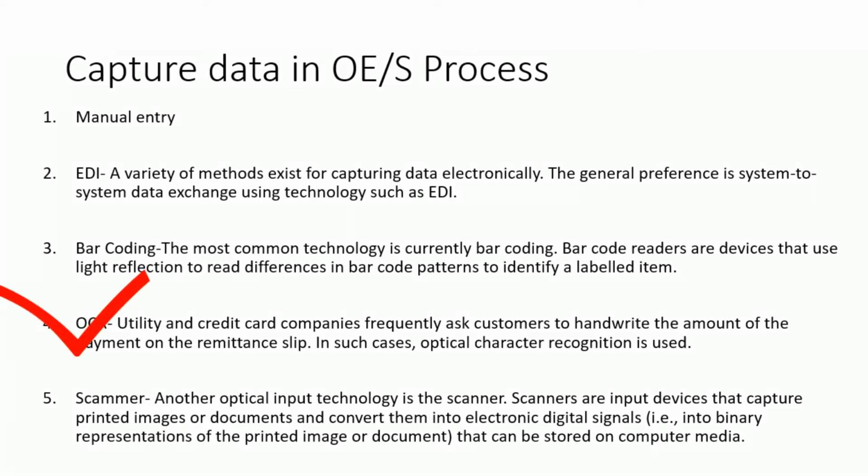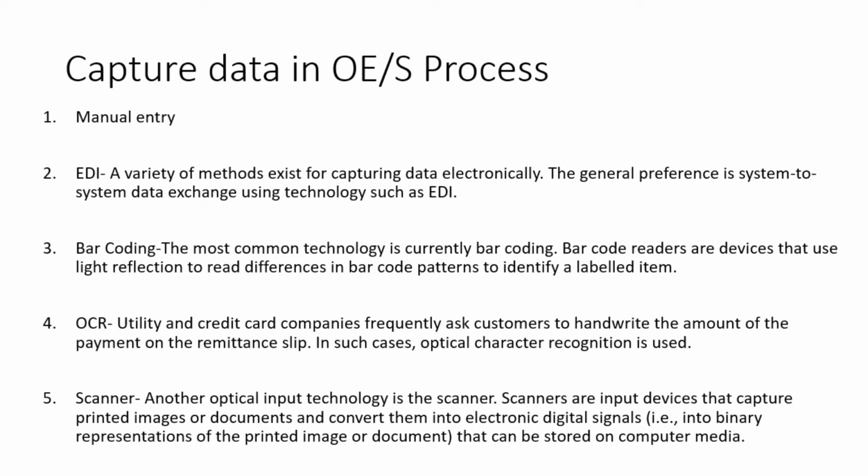OCR, optical character recognition, has been used in utility and credit card companies, and they frequently ask customers to handwrite the amount of the payment on the remittance slip. And optical character recognition is then used to capture that data that is written in textual and other visual forms.